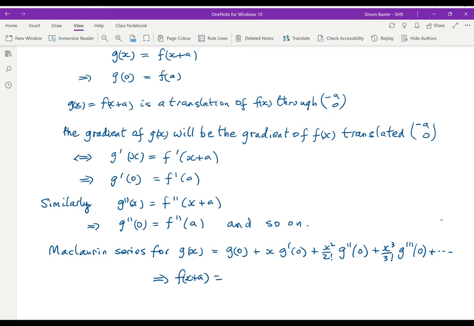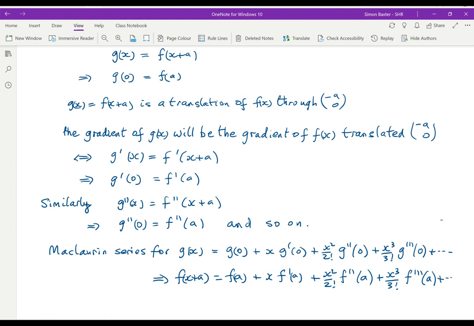And g(0), again near the top of the page, is f(a). g'(0) is f'(a). g''(0) is f''(a). x cubed over 3 factorial, g'''(0) is f'''(a), etc.